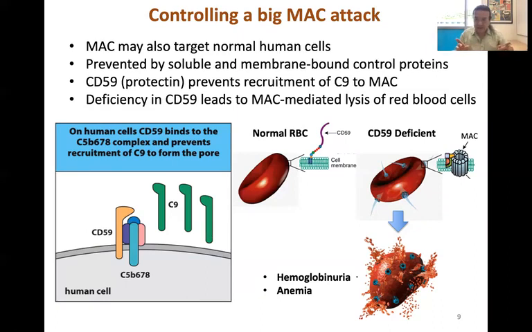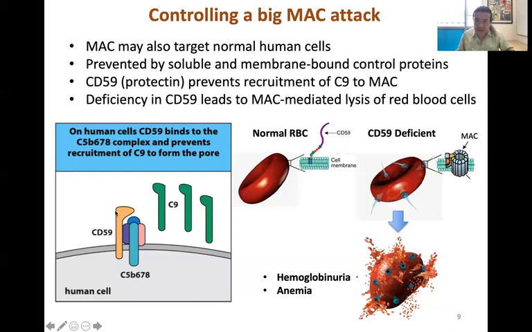Just like last time, we saw examples of how certain proteins are present in our blood and on the surfaces of our normal body cells to help discourage complement C3 from opsonizing them, right? We also have certain proteins that help discourage the improper formation of these MAC holes. So an important one is this protein CD59, pictured here in orange.